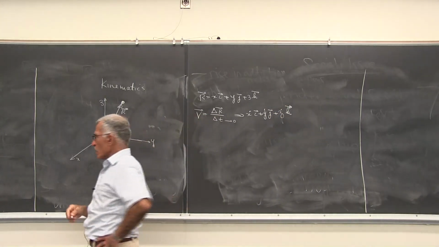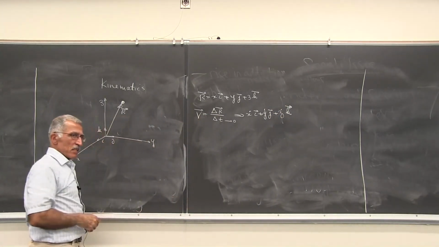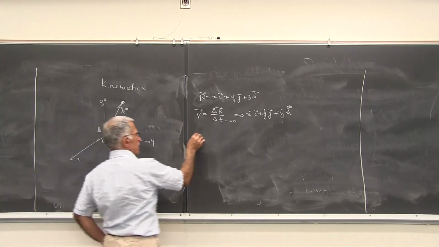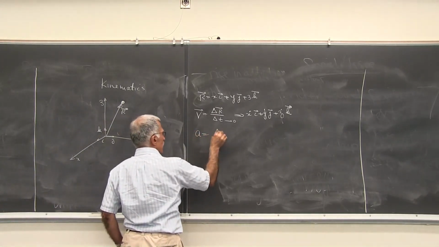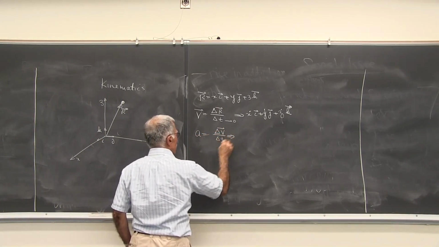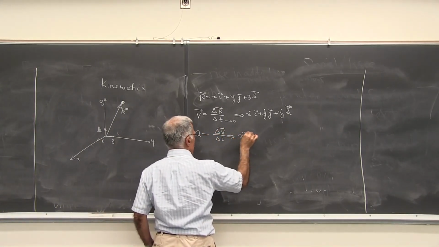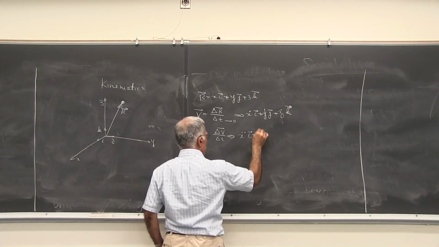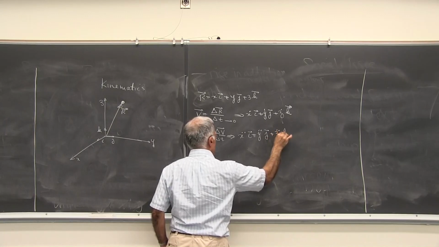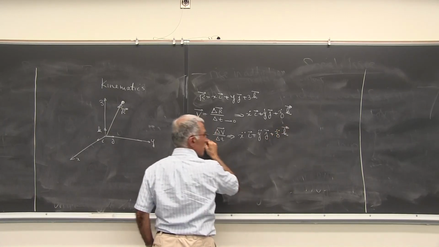If you are interested in acceleration, acceleration is defined as how fast I change my velocity, delta v divided by delta t. And that becomes x double dot i, y double dot j, plus z double dot k.